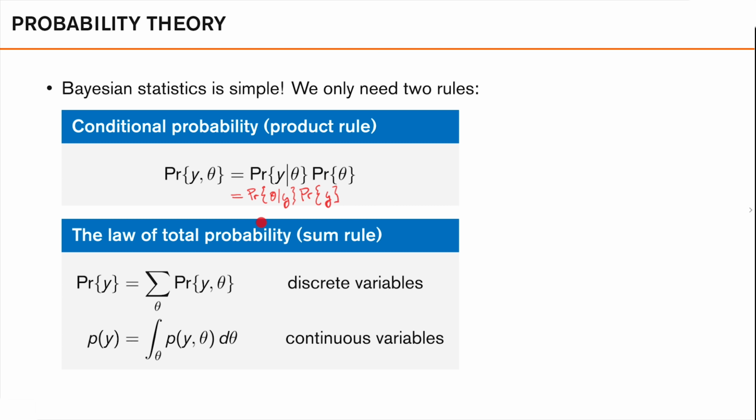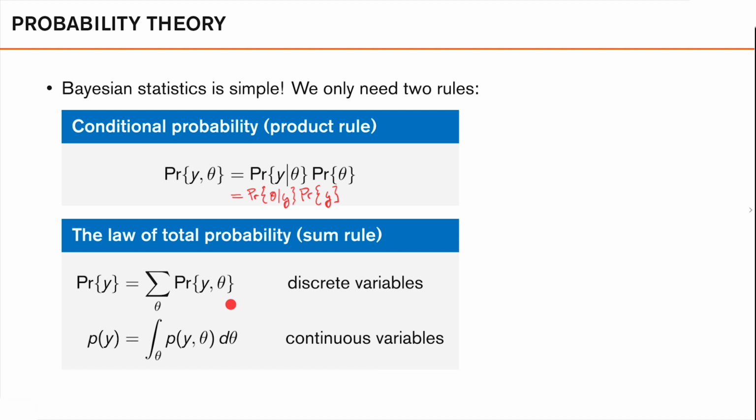The second rule is called the law of total probability, or the sum rule, which states that we can find the marginal distribution of a random variable by summing the joint probability over all possible outcomes of the random variable that we're not interested in. So in this case, we're interested in the probability mass function of a discrete random variable y, which we can find from the joint probability of y and theta by summing this joint probability over all possible values of theta.